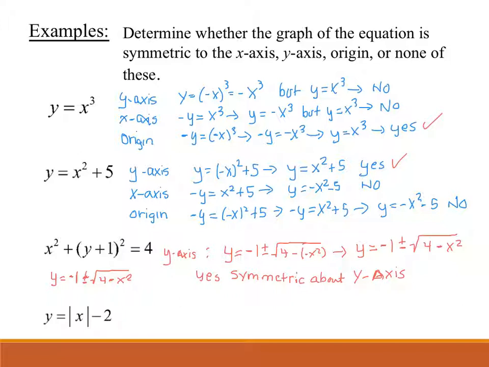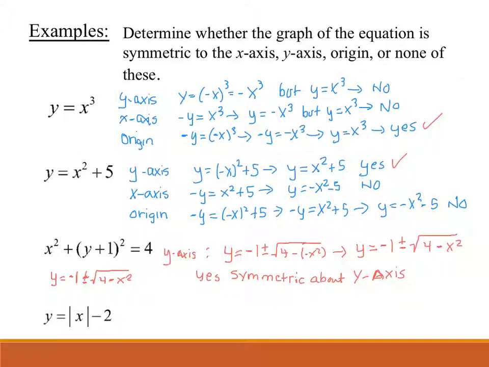So in this result, it is symmetric about the y-axis. In this particular case, I rewrote the equation of the circle such that I solve for y, and I would use that also on my calculator. So it's y is equal to a negative 1 plus or minus the square root of 4 minus x squared.